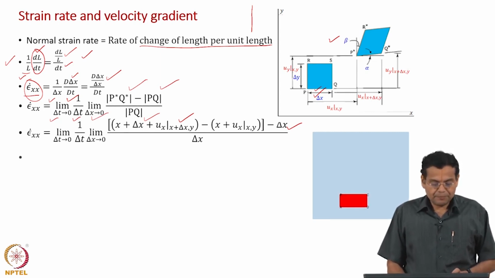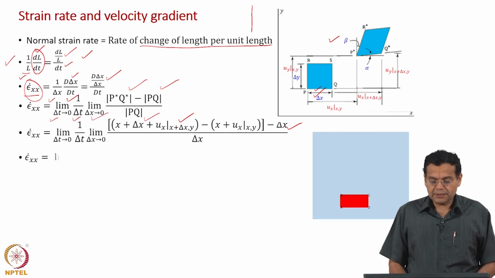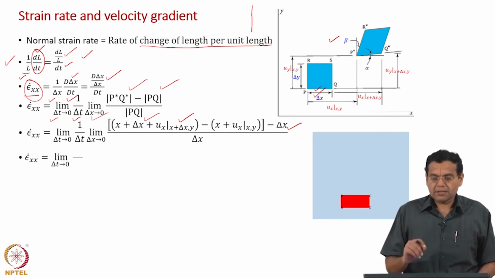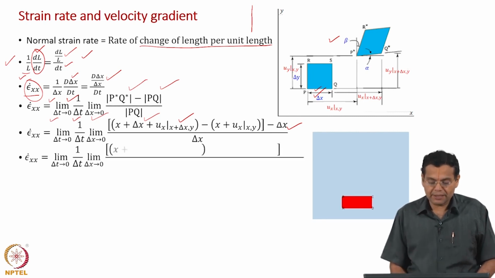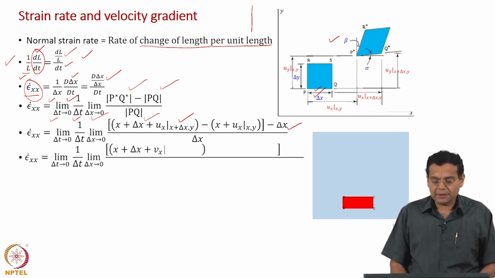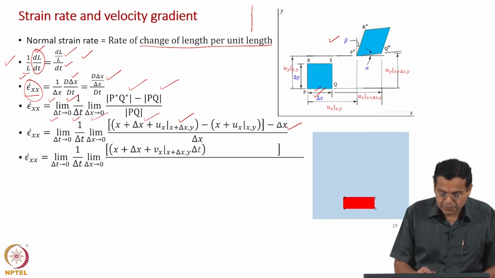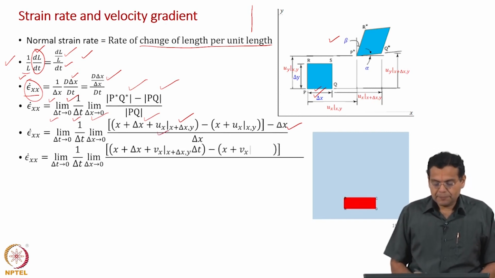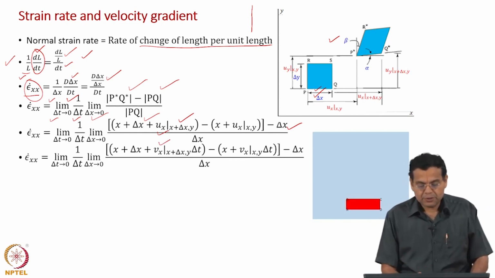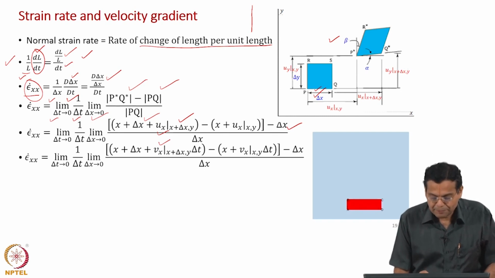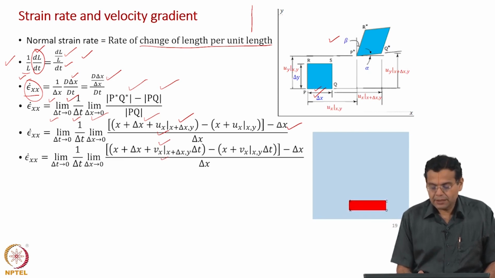So, what will we do? We will express the displacements in terms of velocity into delta t. We consider a very small time interval delta t. Over the time interval, we express the displacement as the velocity into delta t. That velocity is some average value over the delta t. So, ux at x plus delta x, y is expressed as Vx at x plus delta x comma y into delta t.